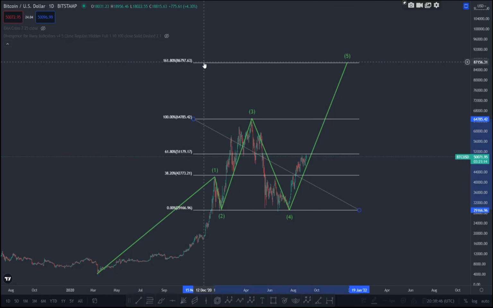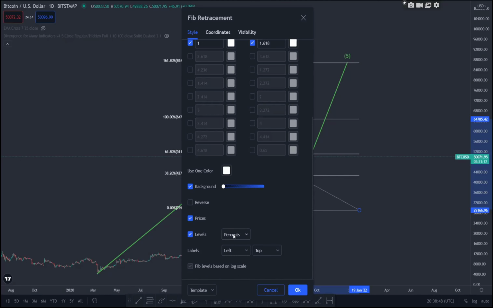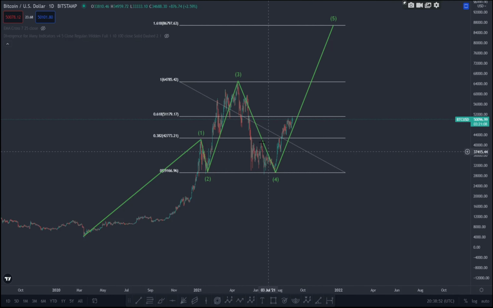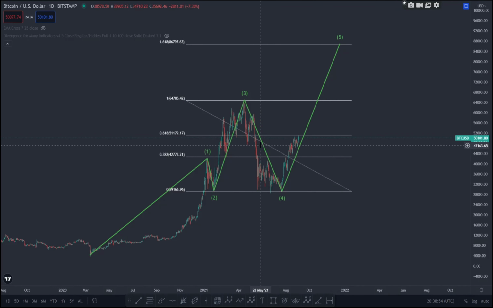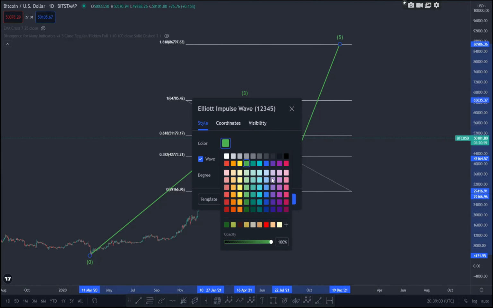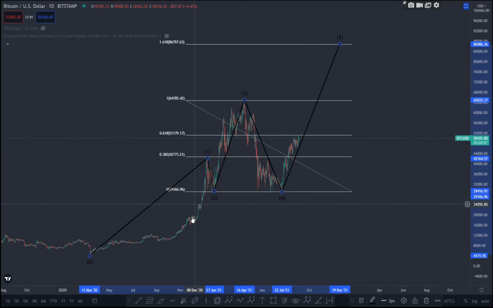Yes, let me just turn the value. But this does not look like a valid Elliott wave actually. So first of all, I don't like this color, so I'm going to change it to black. I like black.